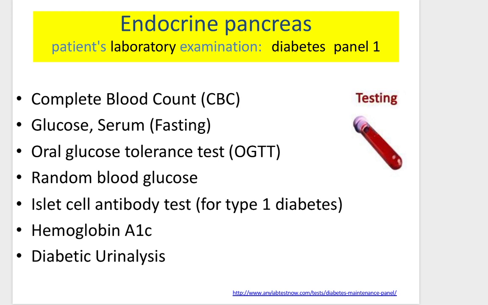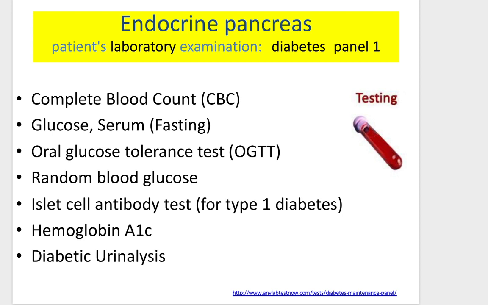What panel of tests do we usually do for patients with suspected diabetes mellitus? It is a complete blood count, or CBC. It is the level of glucose in serum, namely fasting glucose. Moreover, we can do the test named the oral glucose tolerance test.